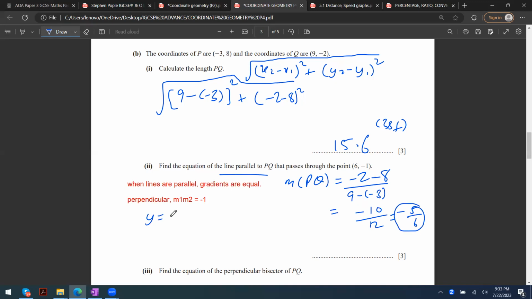So y is equal to mx plus c, y is minus 1, m is minus 5 over 6, x is 6, plus c. Okay, so c equals minus 1 plus 5, c is 4, y is equal to minus 5 over 6 x plus 4. Okay, I hope everyone is clear. We are moving forward.